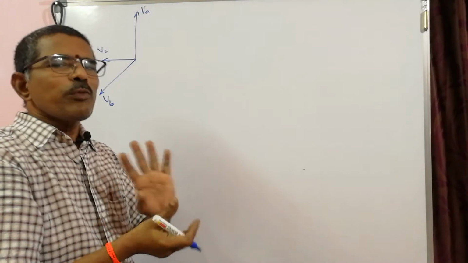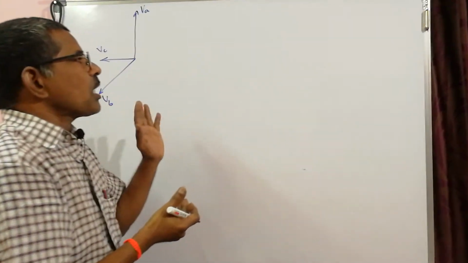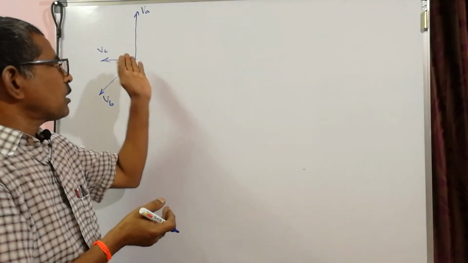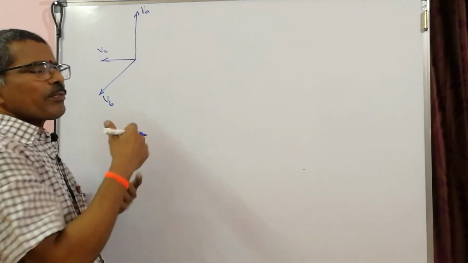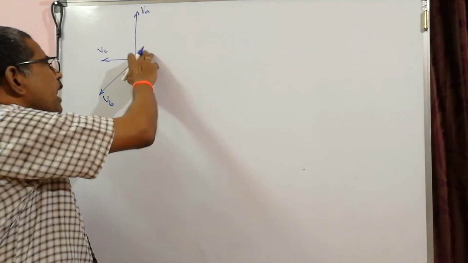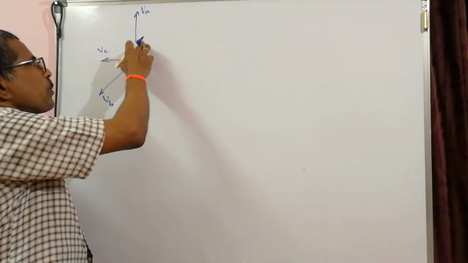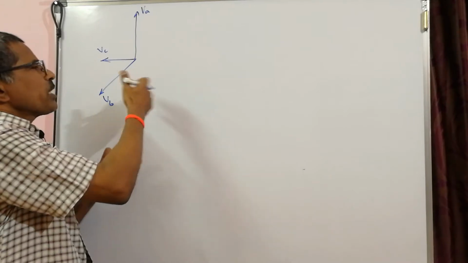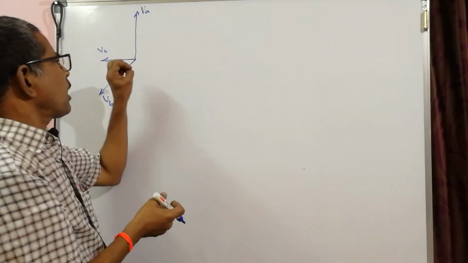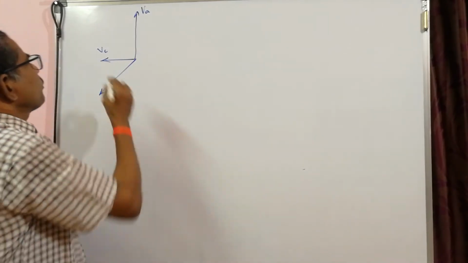So, this is not following balance, that is nothing but an unbalanced system. Here all 3 phasors are of different magnitudes and also the angular displacement A to B, B to C, C to A is not 120, it is something else. So, it is an unbalanced system. Okay.